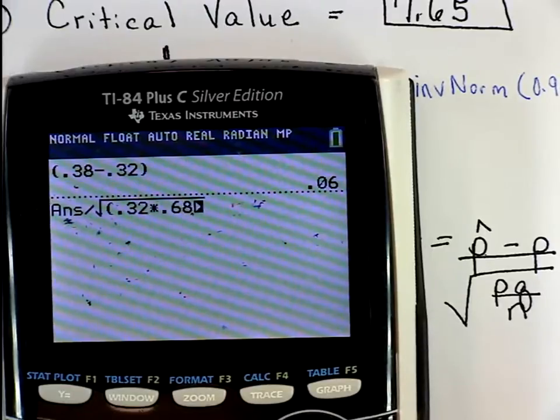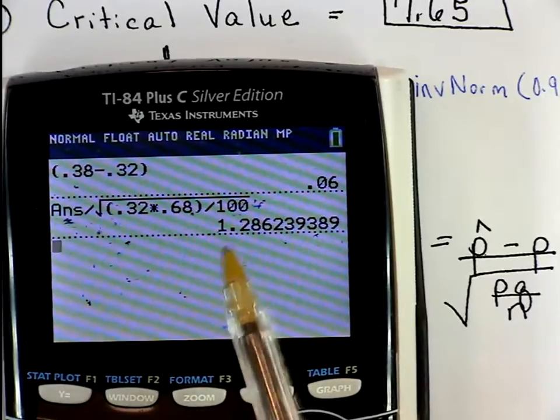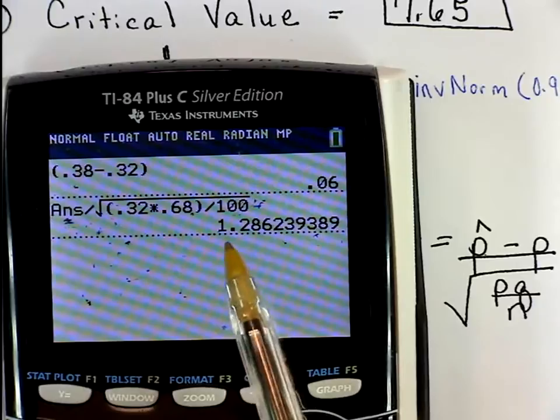Close that in parentheses under the radical. Divide by 100 and arrow out from underneath that radical. And this is the newest edition of the TI-84 Plus, so you will have to arrow out of the radical, the square root symbol. Press enter. And to 2 decimal places, because it is a z-test, it's 1.29.